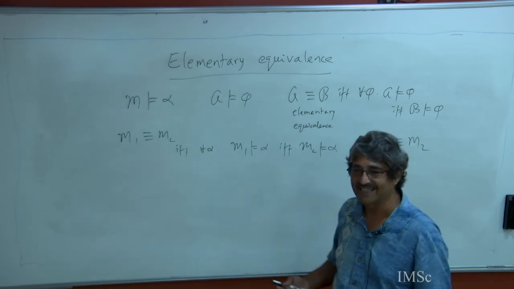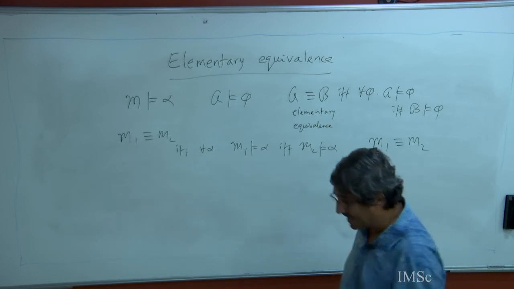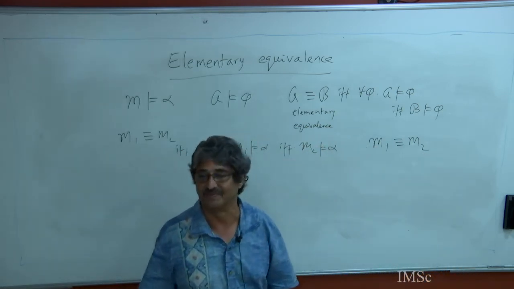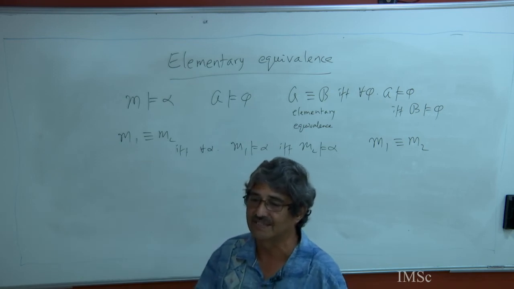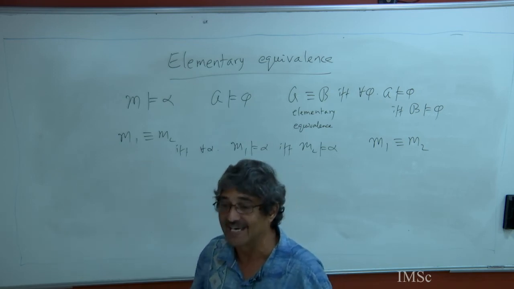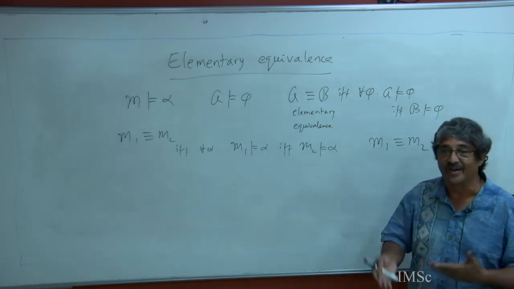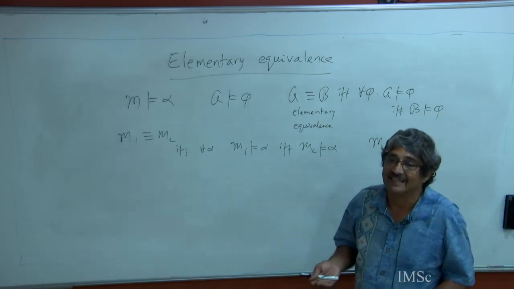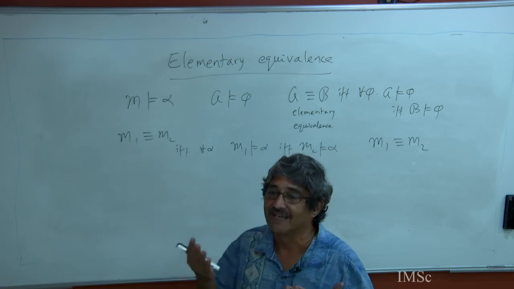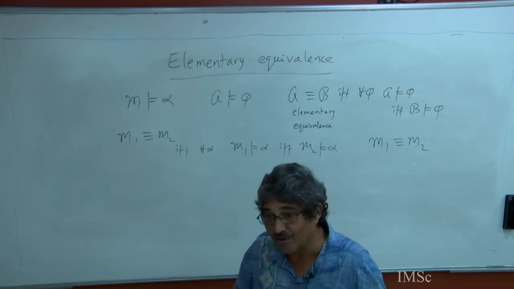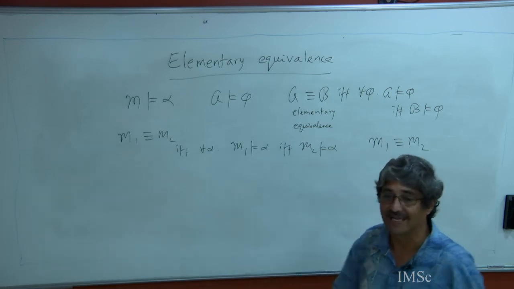Well, this is some fancy equivalence relation, but there is one equivalence that must be respected by the semantics, and that is isomorphism, right? If two structures are isomorphic, they better satisfy the same sentences. Otherwise, something is wrong with the way you have done your semantics, because the whole notion of isomorphism is that there is no way to distinguish the two, right? So there should not be any way to distinguish them using your semantics either.